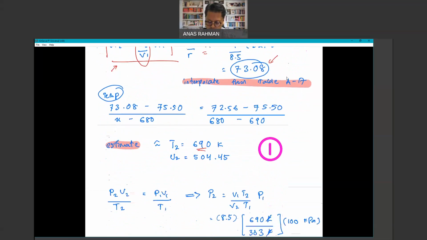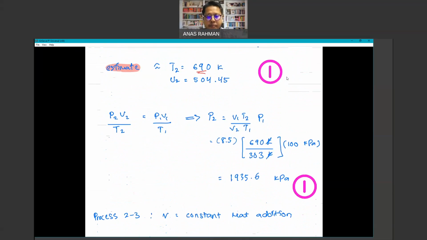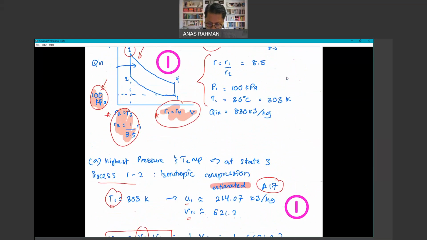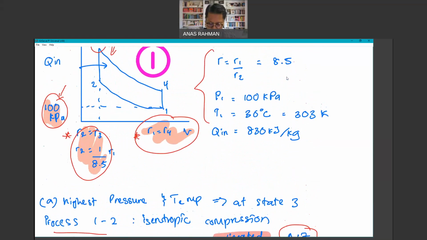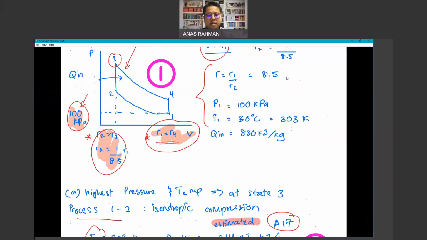Now let's proceed. From there, you can find pressure 2 by using the ideal gas equation. You rearrange that and get P2, substituting all the values. So it's important to write down properly. For example, I wrote down in detail the relationships given in the question: what is the compression ratio, and what is the relationship between V2 and V1.